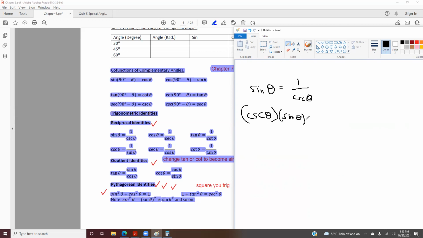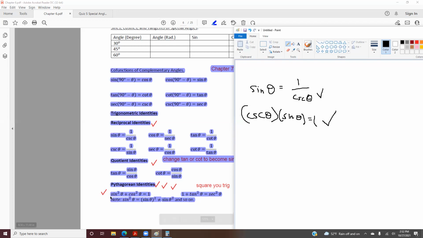This is also the same as the reciprocal identity that we just did. So what I want to point out here, class, is you can actually manipulate these identities, meaning you can add them, subtract them, multiply them, but make sure you do it on the other side too. And that is still going to be the same identity.